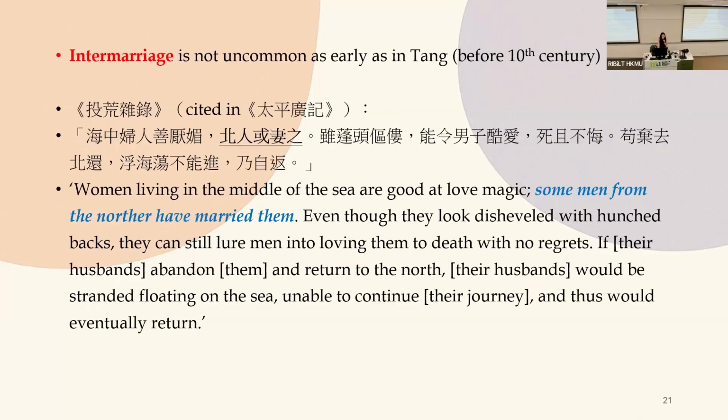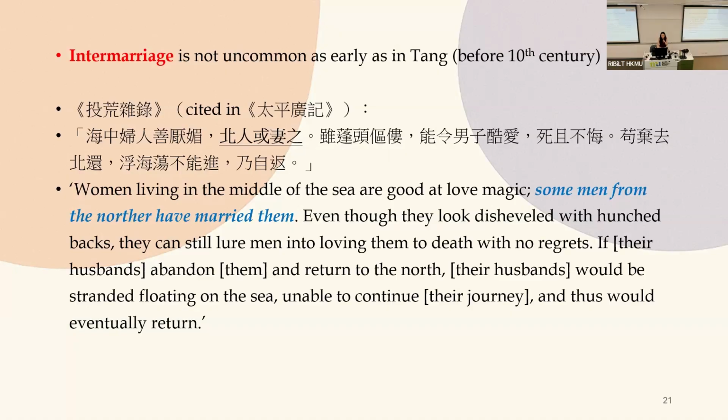And intermarriage between indigenous peoples and the Chinese is also mentioned as early as in the Tang written records. Here we have a description talking about how northerners, the northern Han Chinese people, come to the sea, which means Hainan, and there they meet a sort of witches, who are living in the middle of the sea and are good at love magic.